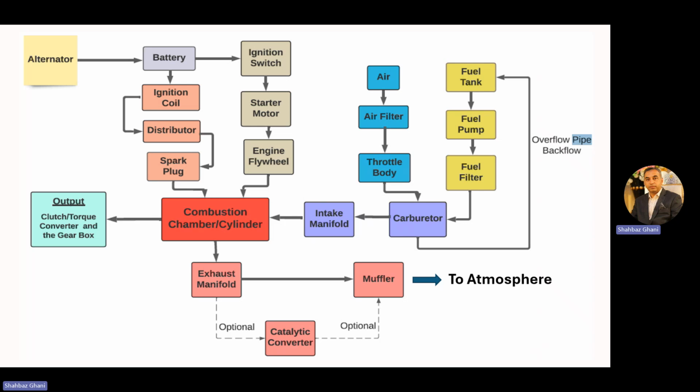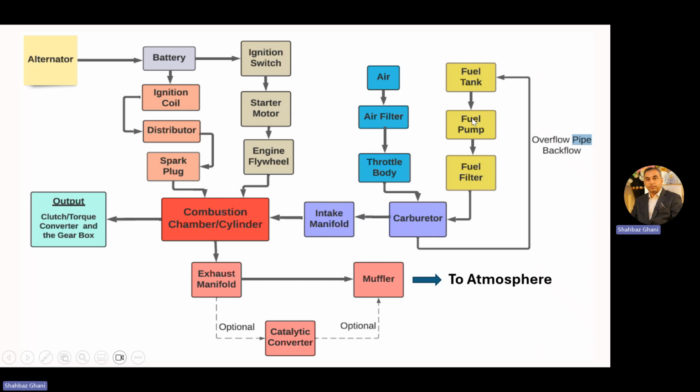Your fuel tank is normally placed in the trunk or luggage compartment. It is furthest from your engine compartment, and there is a reason for placing the fuel at a distance from your engine.